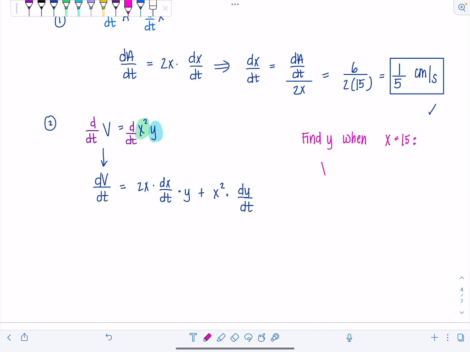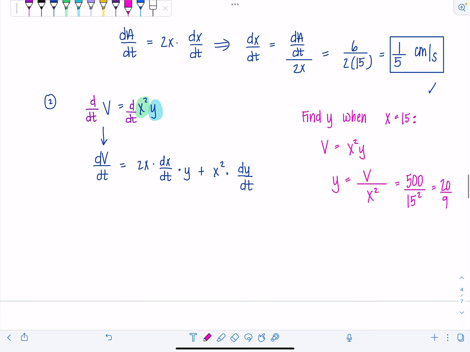We know the volume is equal to x squared times y. So y is the volume divided by x squared, which is 500 divided by 15 squared. That's 500 divided by 225, which reduces to 20 over 9. Okay, look at us. So now let's start substituting in what we have.